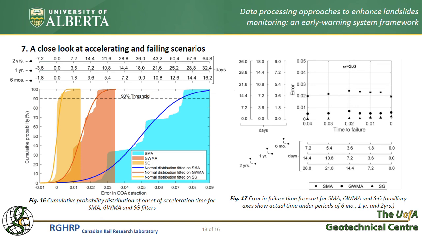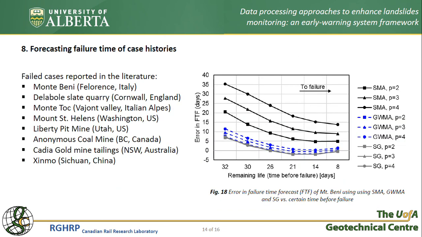On figure 17 you can see that Gaussian and SG filters outperform SMA by 60 to 100% improvement in terms of accuracy of forecast on failure time. 17 datasets of failed case histories were also gathered from literature, and these filters were applied to them. It was again observed that SMA alternatives, Gaussian and SG filters, perform failure time forecasts much better than SMA, with the same 60 to 100% improvement in results.